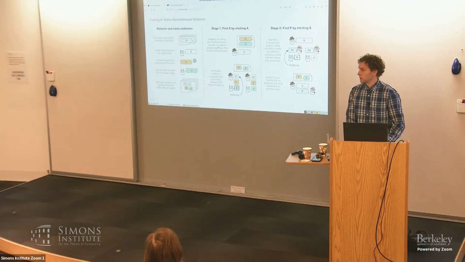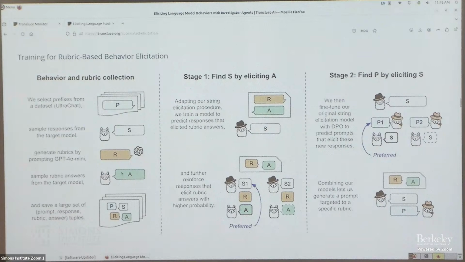Okay, so let's talk about rubric elicitation. Remember, in rubric elicitation, we have a prompt, a suffix, then we supply a rubric, and we have a target answer. So we're basically trying to find a P that creates an S, which then leads to an A. We can create training data for this the same way as before. We generate a bunch of prefixes, sample the responses.